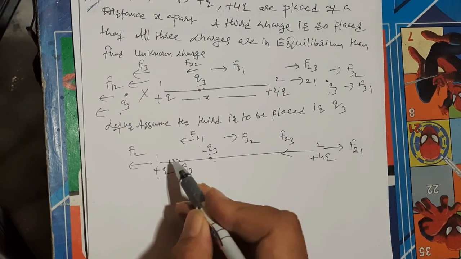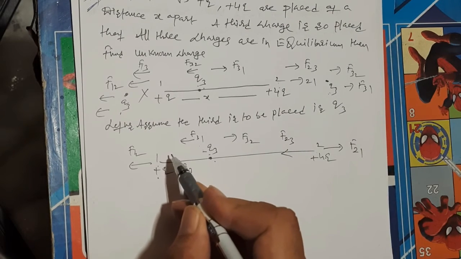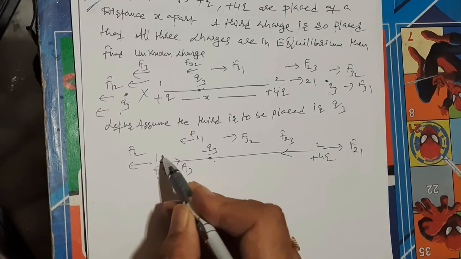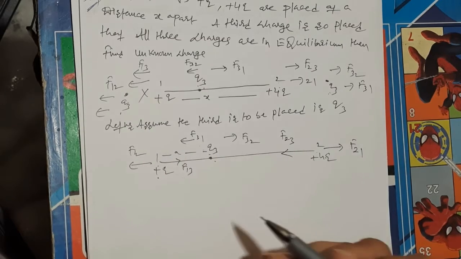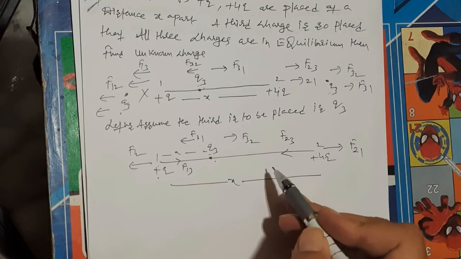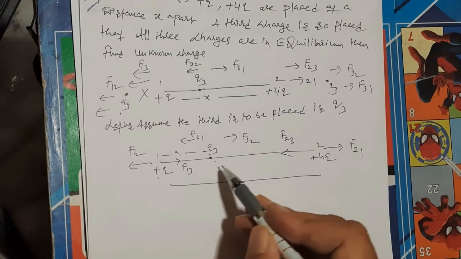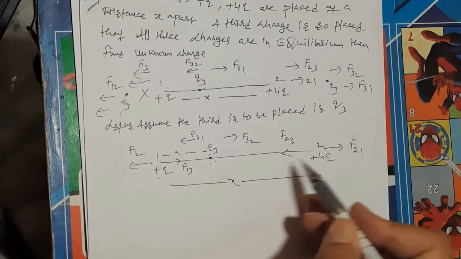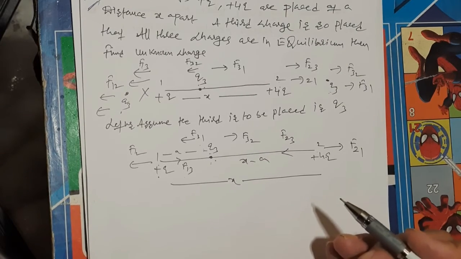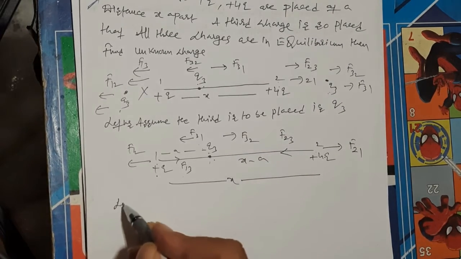This Q3 charge is placed at a distance a from the first charge. So this total distance is x. What is the distance between the third charge and the second charge? It is nothing but x minus a.